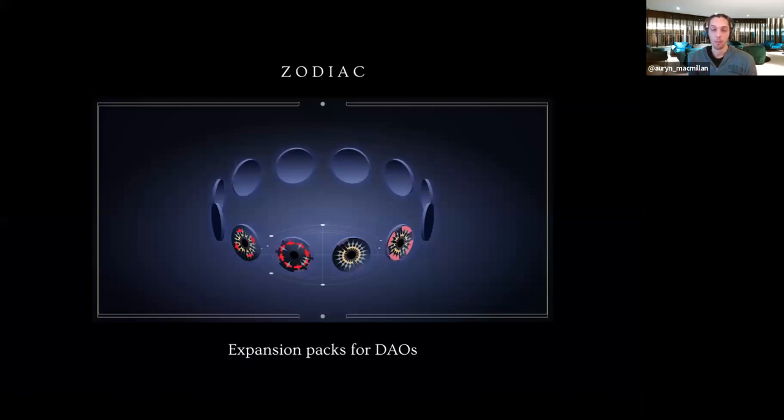Zodiac treats a programmable account like the Gnosis Safe as an avatar for the DAO. And then anything that can make calls to the exec transaction from module function on that avatar can be enabled as a module. Modules would typically be contracts that implement some logic to extend the functionality of the DAO's avatar, adding voting mechanisms, giving specific permissions to some users, allowing members to exit or rage quit with their share of the DAO's assets, and much, much more.